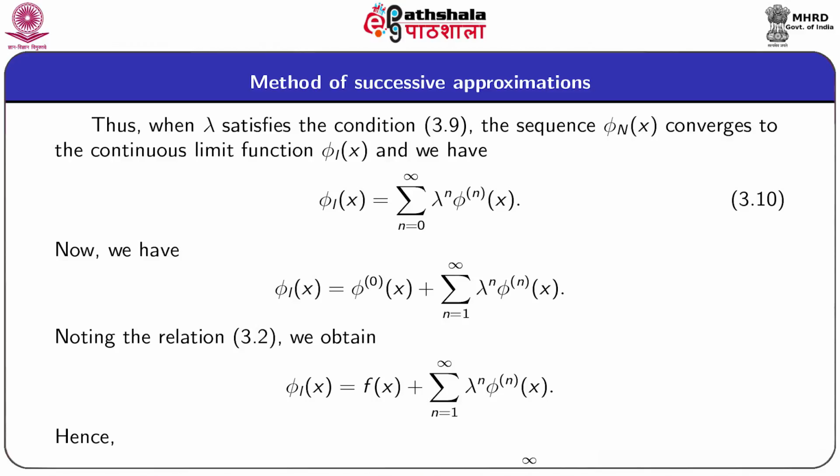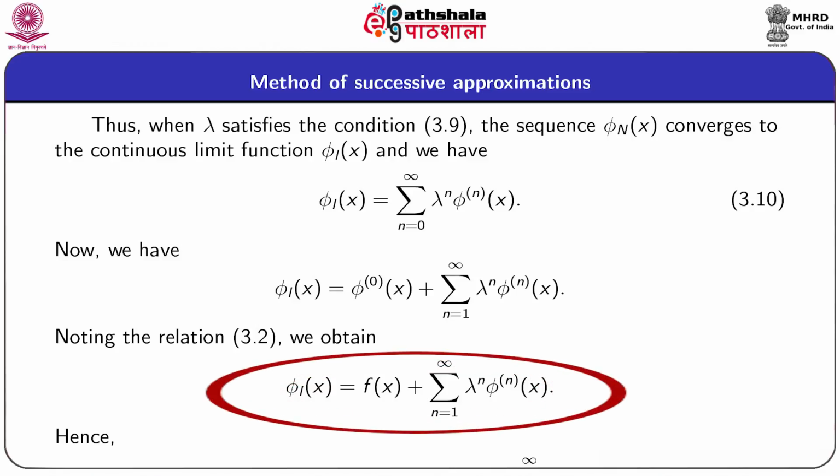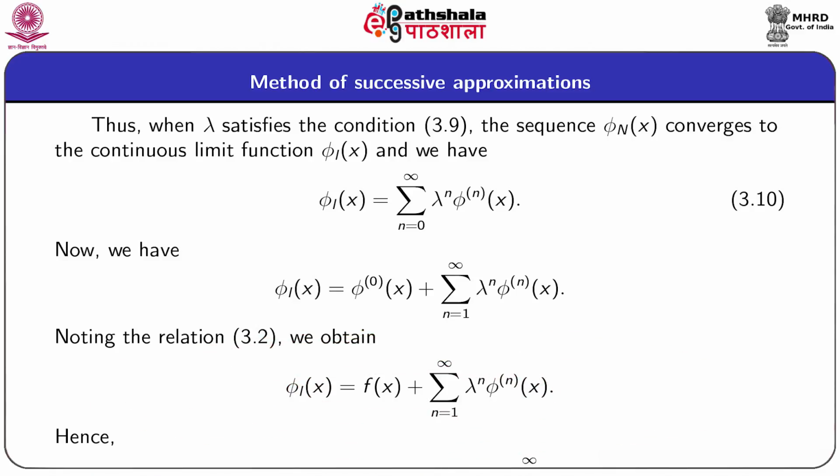Now, we have seen that φ₀(x) is equal to f(x) as given by relation 3.2. So, we just write f(x) in place of φ₀(x) to get φ_L(x) equal to f(x) plus the summation n equal to 1 to infinity of λ to the power n φ_n(x).